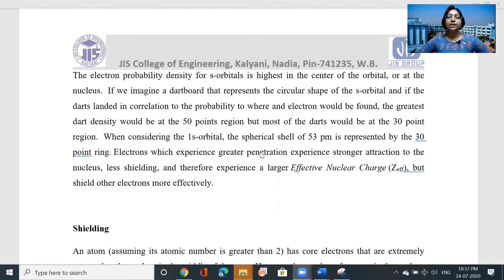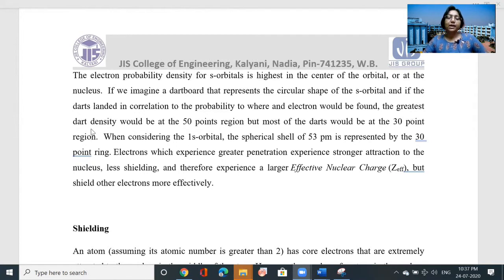Imagine a dartboard representing the circular shape of the s orbital, and the darts landing in correlation to the probability of where the electron would be found.